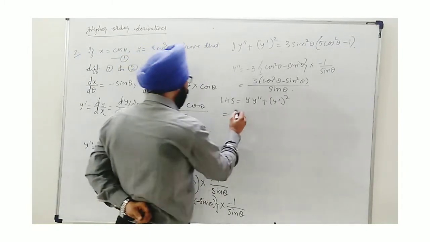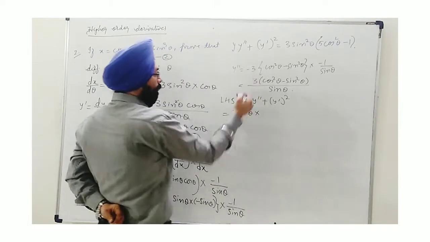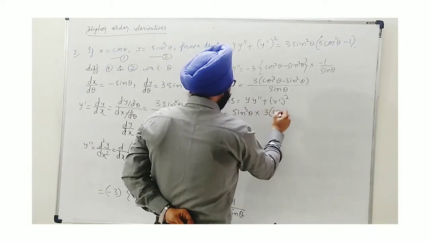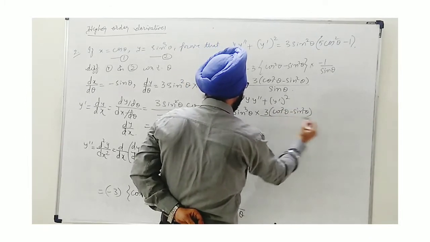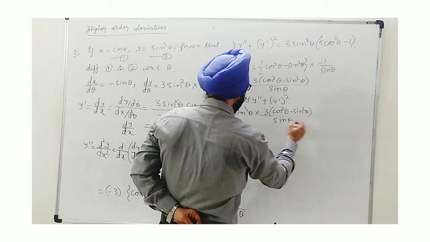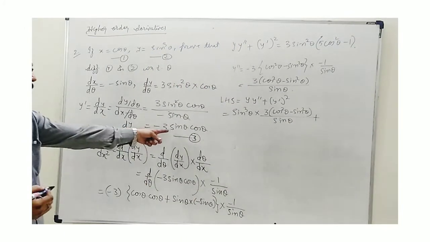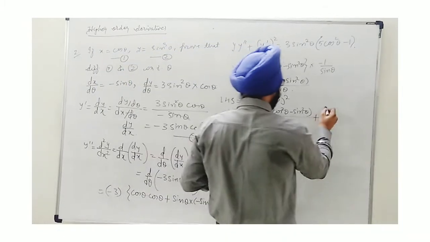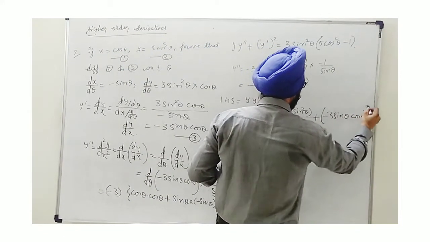Put that sin cube theta into y double dash. Recently we obtained thrice cos square theta minus sin square theta upon sin theta plus square on y dash, the final value obtained, minus 3 sin theta cos theta, whole square.